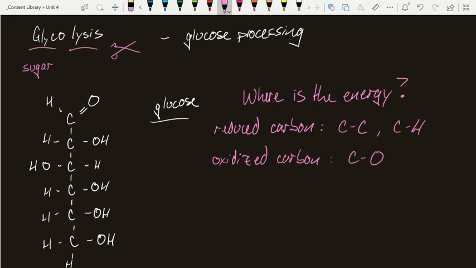Because the electronegativity of oxygen is higher than carbon, oxygen essentially takes ownership over those electrons. And when we talk about oxidation and reduction, we're talking about the gain and loss of electrons. If you need a review of that, go back and watch the introductory video that I made on metabolism. Of course, what this means is that at the end of the day, we've got 6 carbons in glucose, and we can label them 1, 2, 3, 4, 5, 6.